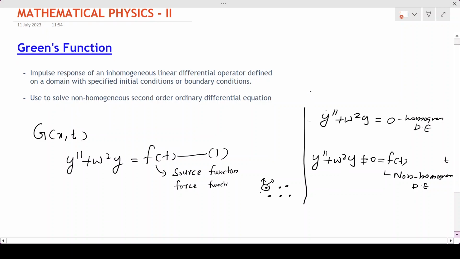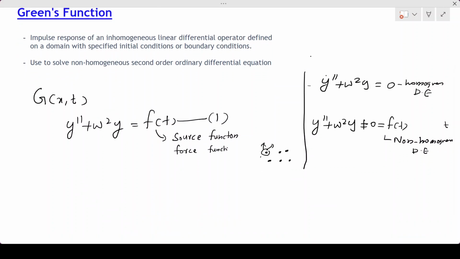Now if you want to find the solution of this non-homogeneous second order differential equation, you need to find y of x, the particular function that is dependent on x or t. That is the solution of this differential equation.